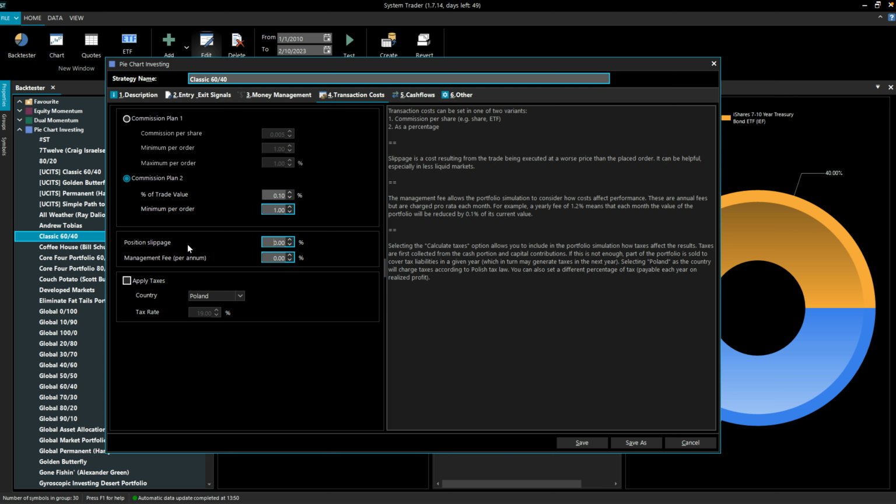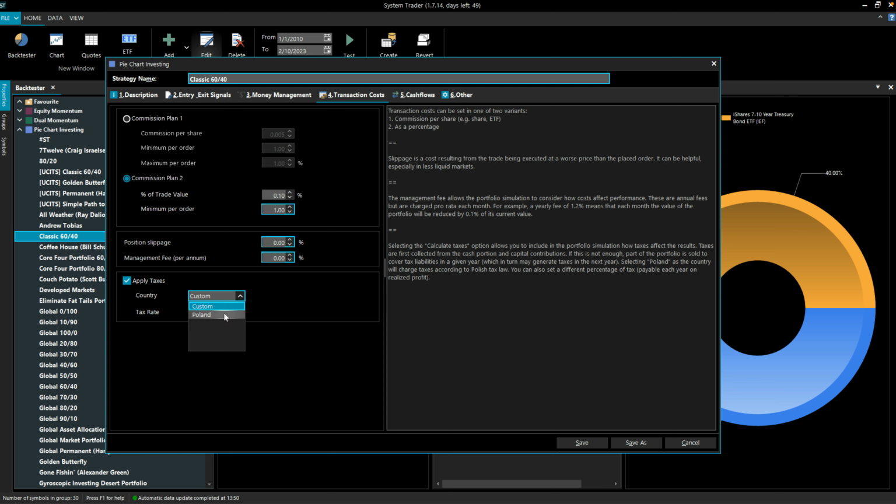And very, very important setting, apply taxes. So basically, if you sell something on the market at a profit, you may have to pay taxes on that. And these taxes may be different based on the countries. So, for example, you may set the tax rate here to your country.